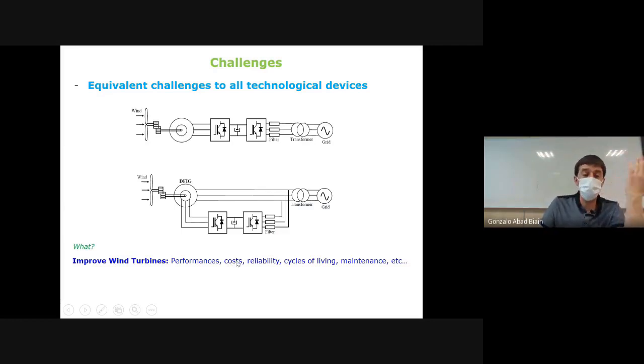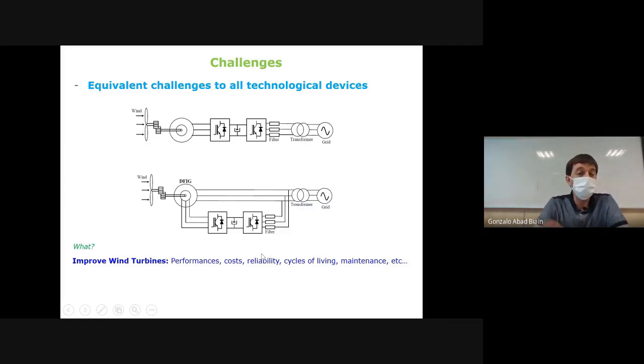I have seen videos and interviews of some manufacturers. They always have cost in their mind, reduce cost. Yes, it's very important. Reliability, robustness, life cycles. If one wind turbine can operate not 20 years, but 40 years, better. Reduce maintenance and so on.